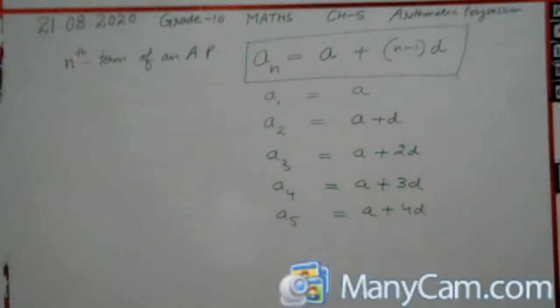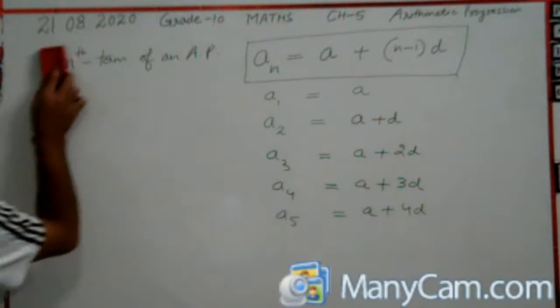Let's start. I discussed example number 3 yesterday. Now, example number 4: which term of the AP 21, 18, 15, ... is minus 81? Also, is any term 0? Give reason for your answer.